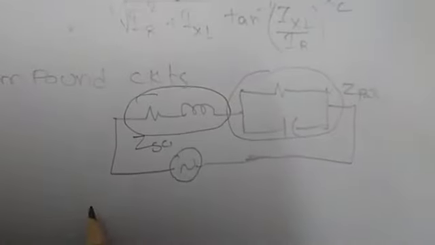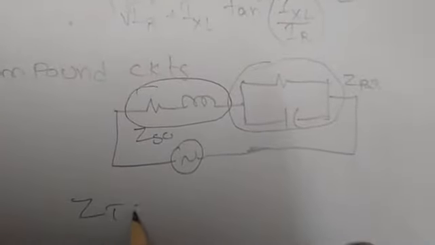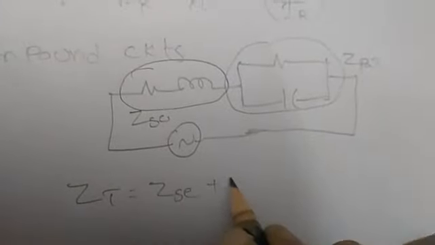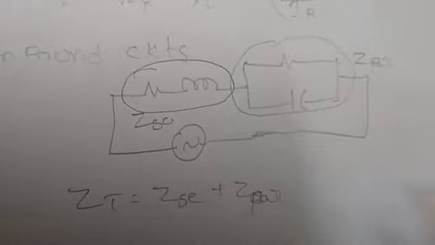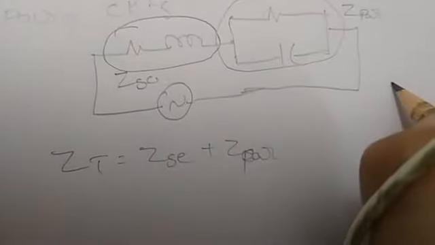After calculating these, the total impedance of your circuit will be the combination of the two, if it is in parallel format.